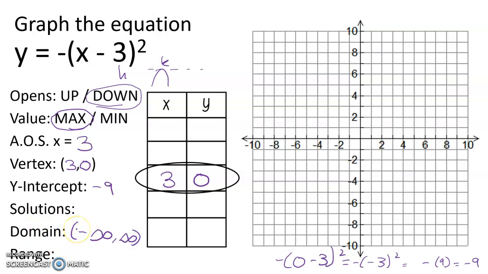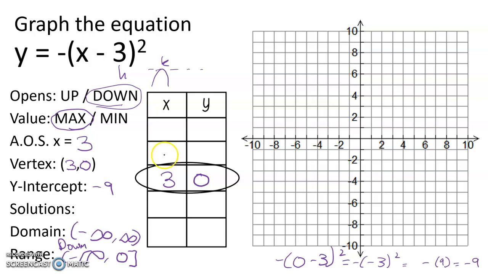That's for every domain problem. Range opens down, so I'm going to start with -infinity. Not a very good infinity, but whatever. And I'm going to go to the y value of my vertex. So this 0 with a parenthesis, with a bracket right there. Okay?